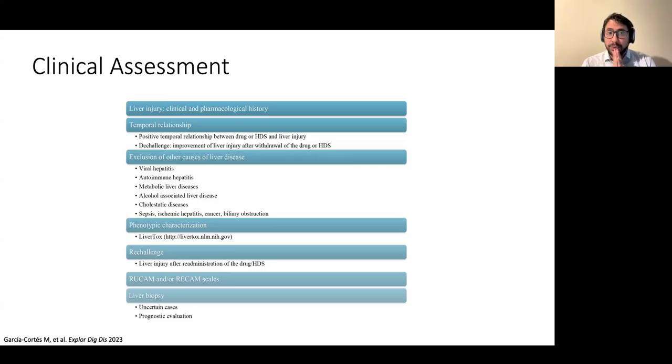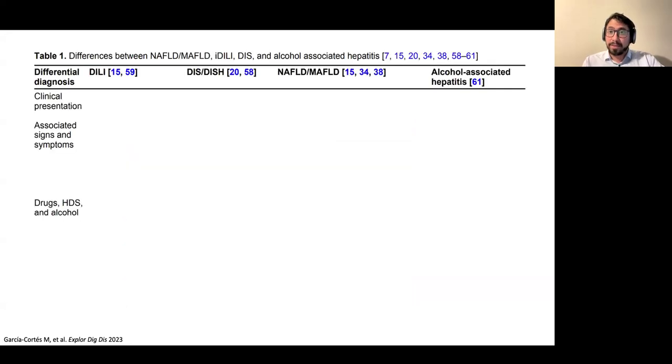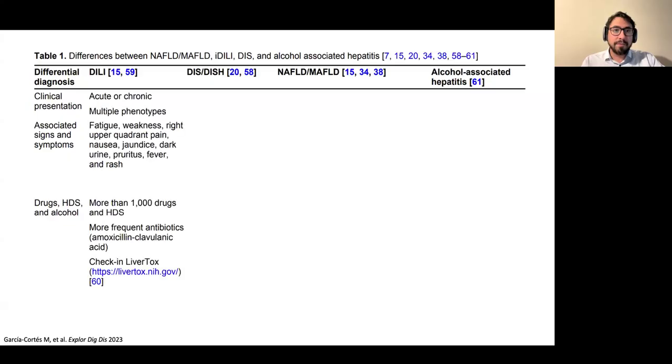And it's important to assess the temporal relationship. You know even more than me about this. We also need to assess the phenotypic characterization, eventually rechallenge. We can use RUCAM and RECAM scales, and sometimes we will require a liver biopsy. And there are some other frameworks to consider in this scenario.